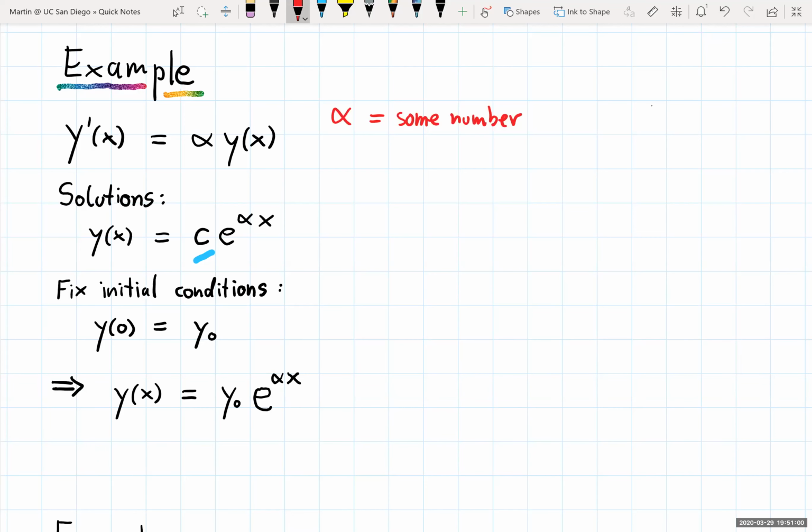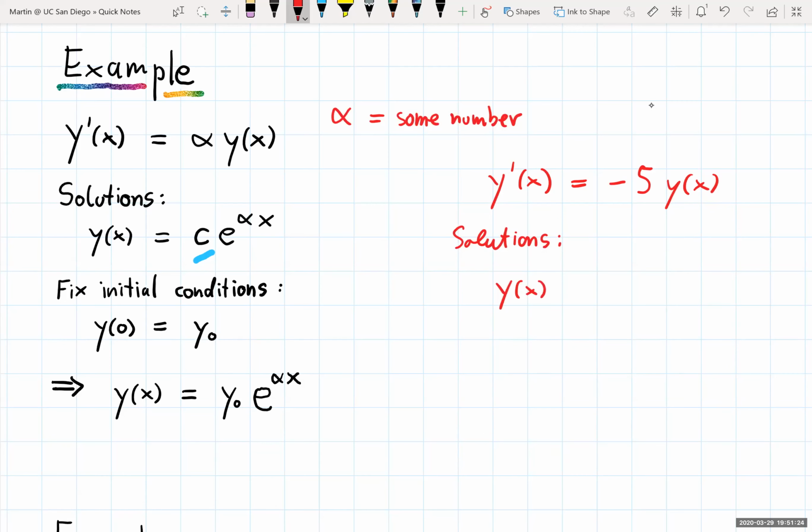Let's again do an illustration. So for example, if we've got y prime of x, let's say, is the same as minus 5 times y of x. If that is a differential equation, then the solutions look as follows.